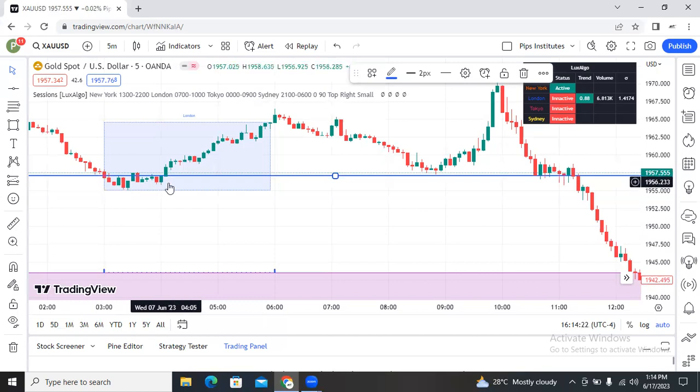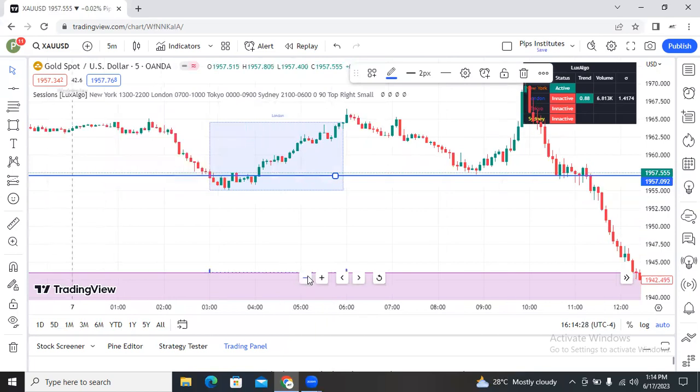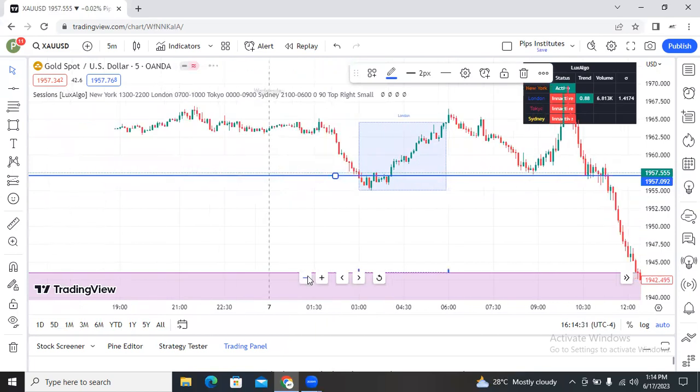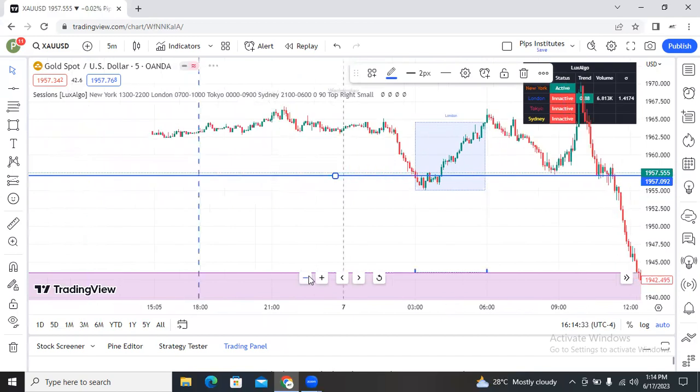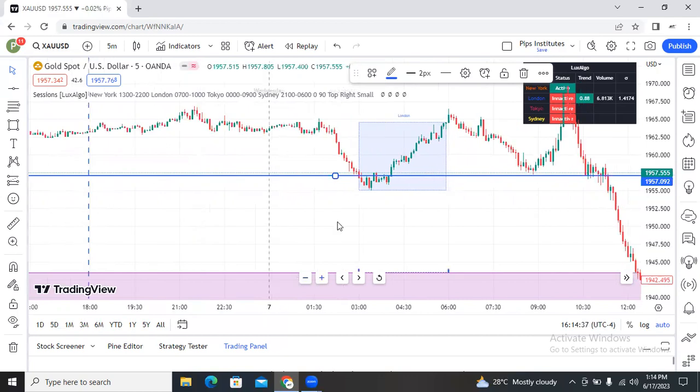So you can enter. Let me just unzoom it so we can see. So this is good. And you know that gold moves very, very fast. So you want to buy it at this level.